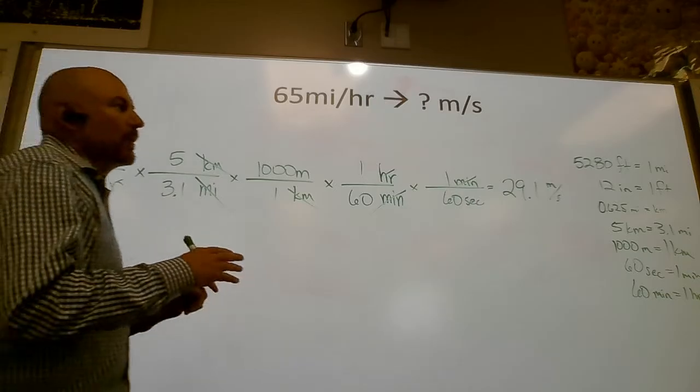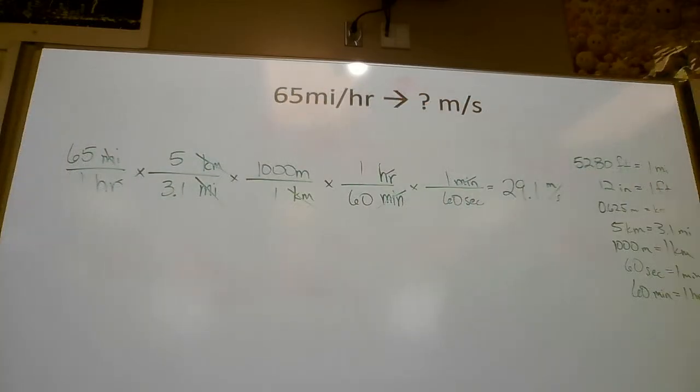Okay. So, in a practical sense, we have an intuitive feel for speeds in miles per hour. One of the beautiful things with physics is you can look at an answer and say, does that make sense? Does that match my experience in reality? Okay.